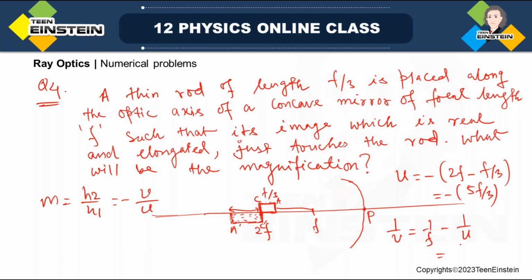Anyway, we have to find out the magnification. So we get 1 over f minus 1 over this. So 1 over f with a minus sign, over this which is positive 5f by 3. So 3 minus 5.